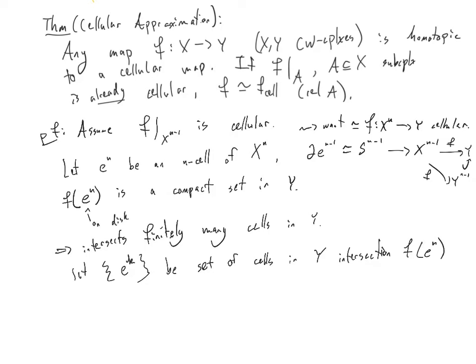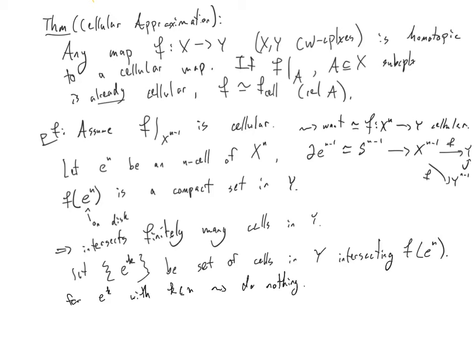Are intersecting. For all the cells E_k where k is less than or equal to n, we don't care. So for E_k with k less than or equal to n, do nothing.